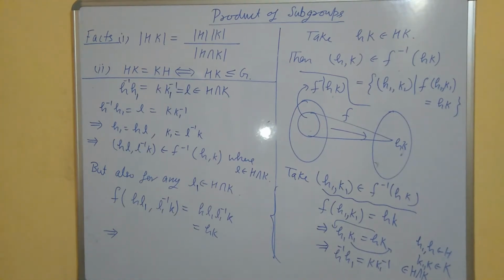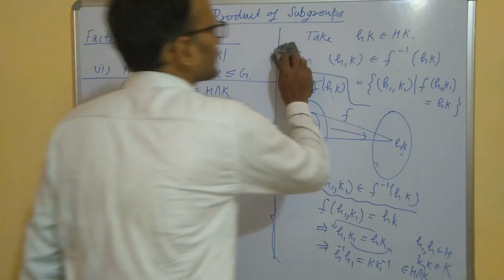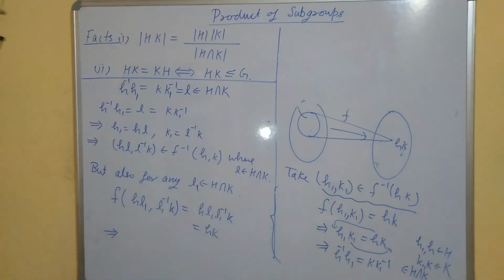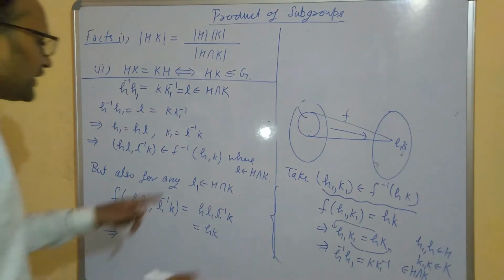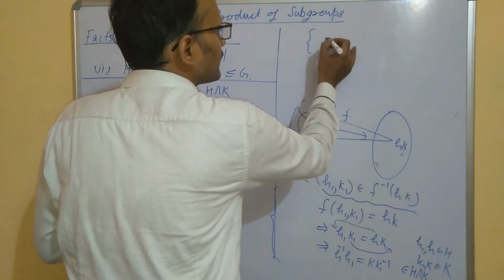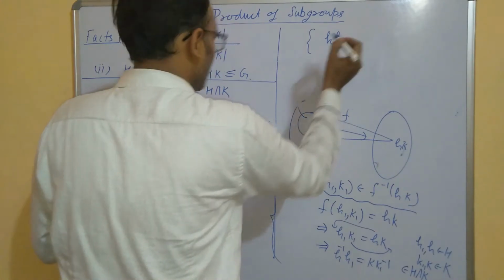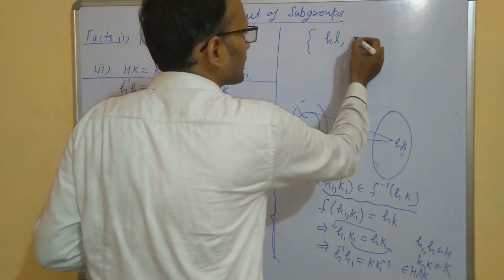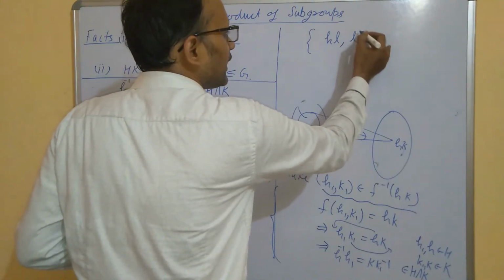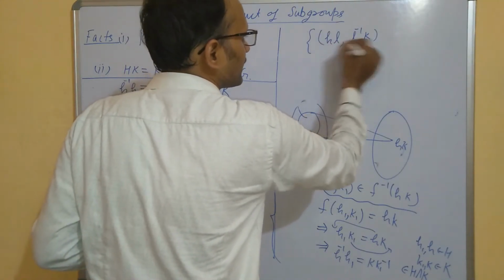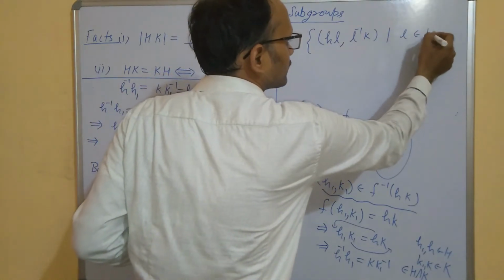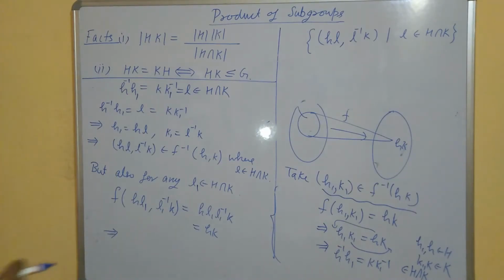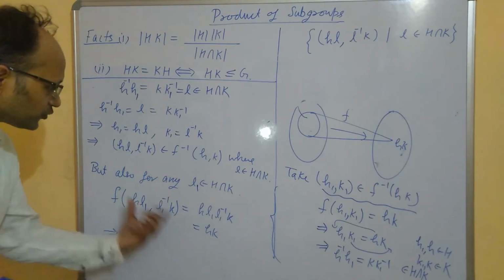So what does it mean? If I make a set to be the element of the form hL, L inverse k, such that L belongs to H intersection K. So we have shown two things.